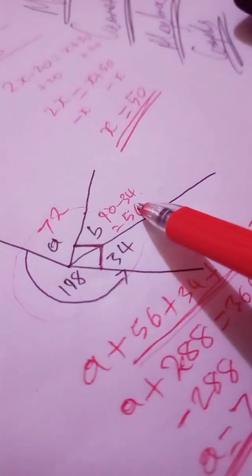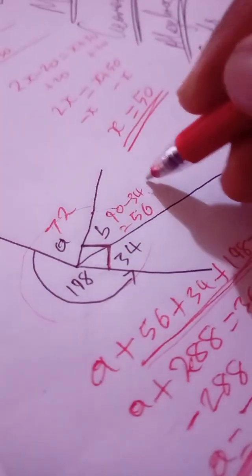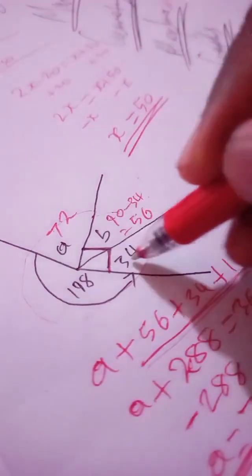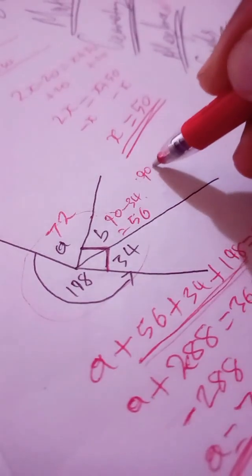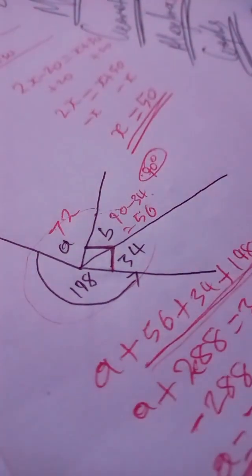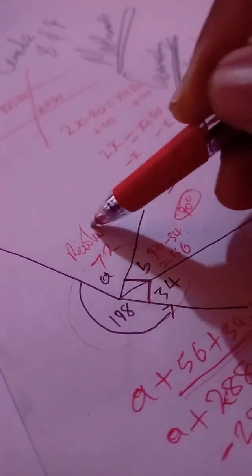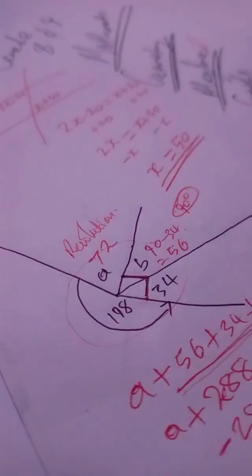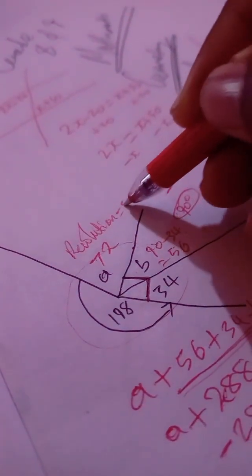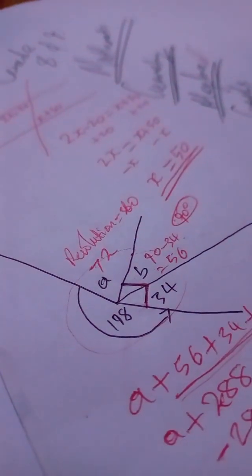Here, if they ask the reason, angles add up to 90 degrees. If they ask the reason here, you are going to talk about a revolution being equal to 360 degrees.